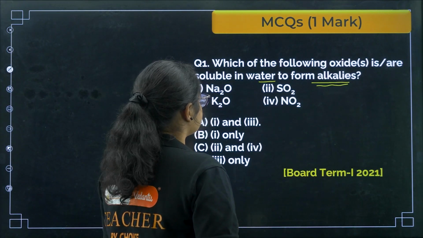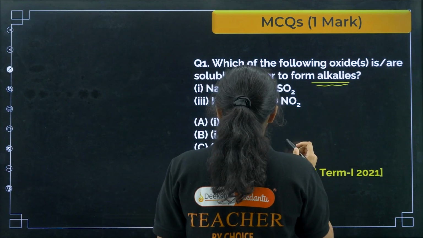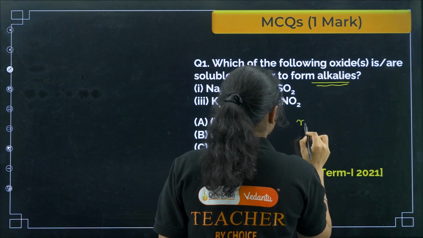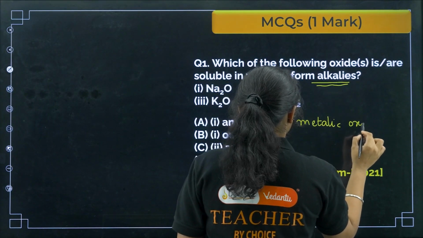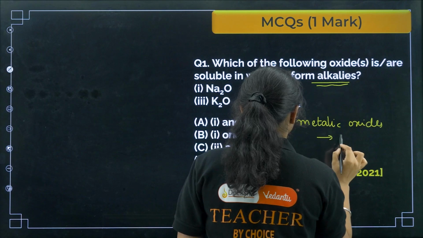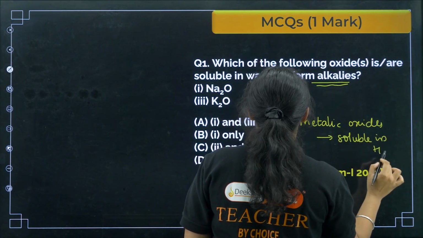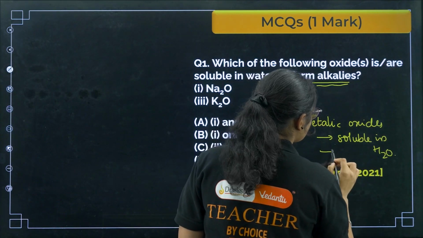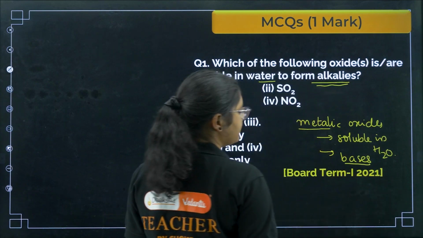Generally, metallic oxides are soluble in water, and they form bases.